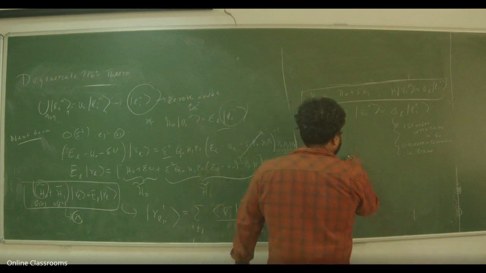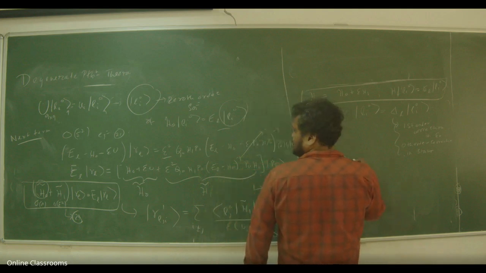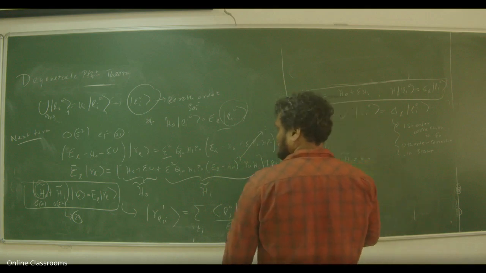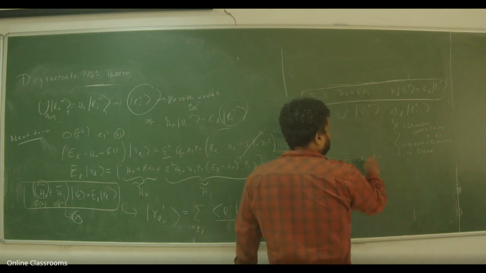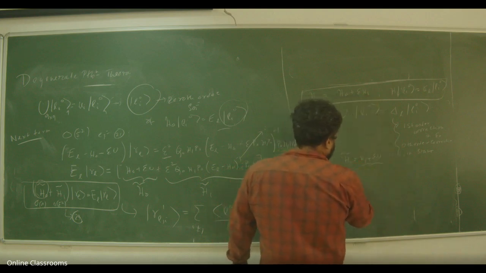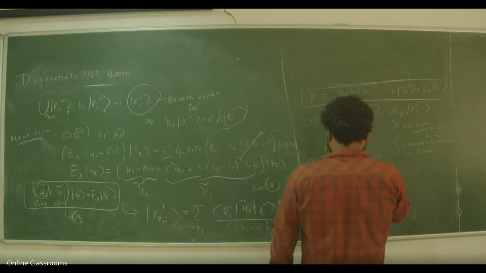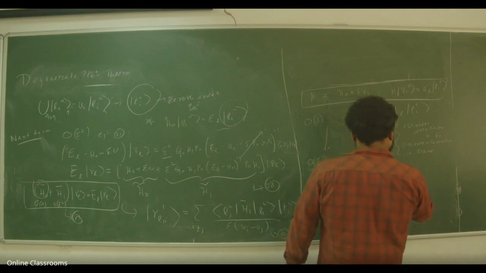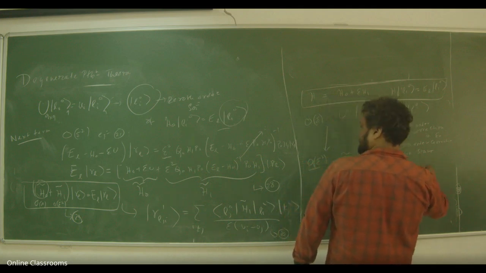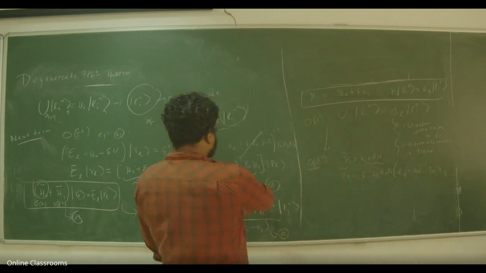Now you have to solve this new problem where H naught is H1 plus epsilon u. Remember, it's a new effective Hamiltonian, and the term is epsilon squared Q0 H1 P0 times (EL minus H0) inverse times P0 H1.